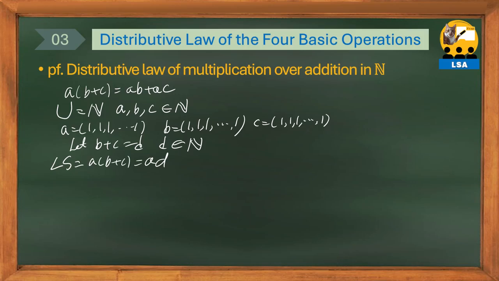We rewrite the left side AD according to the definition of multiplication as the repeated addition of the component A, D times. For convenience, the adding notation will be vertical, not horizontal.